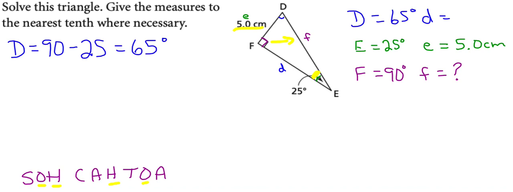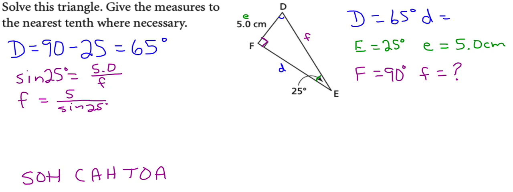And you write sine equals opposite over hypotenuse, and then from there you can substitute 25 in for your angle, 5 in for your side, and F for your hypotenuse. Then we want to get F by itself, but it has to be in the numerator, so you multiply both sides by F and divide both sides by sine 25, and you'll get F equals 5 over sine 25.